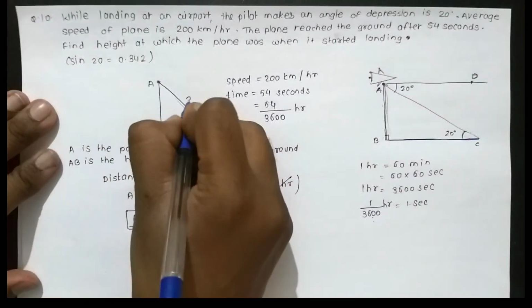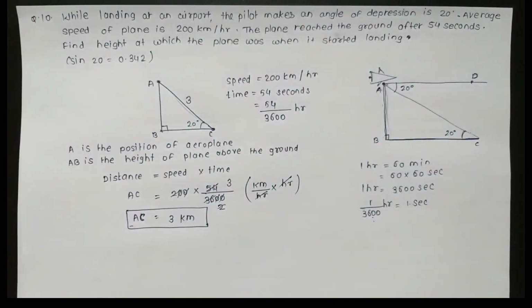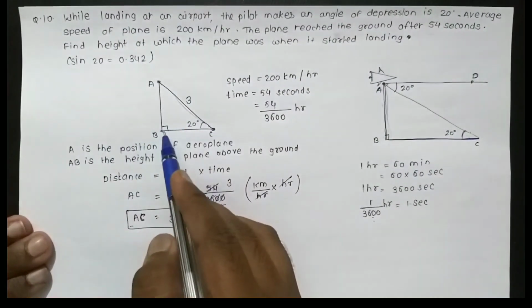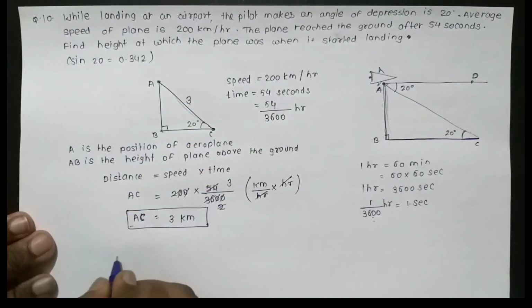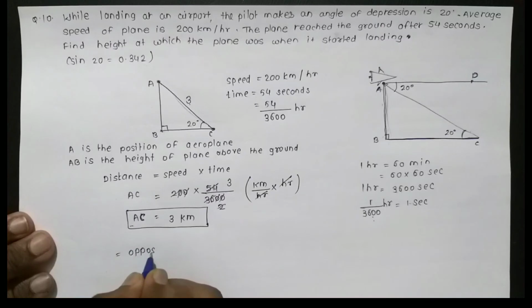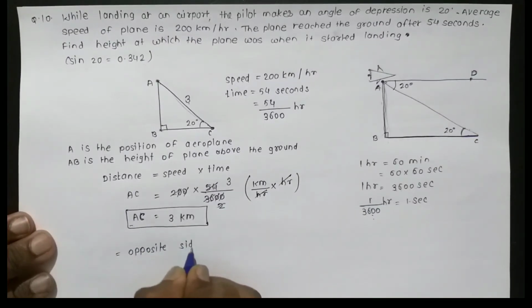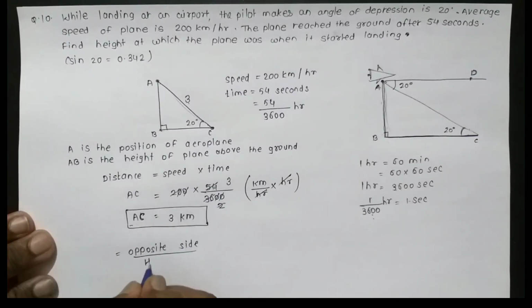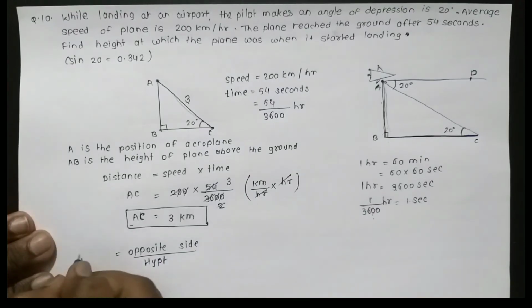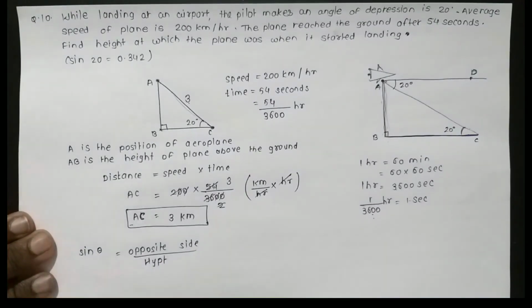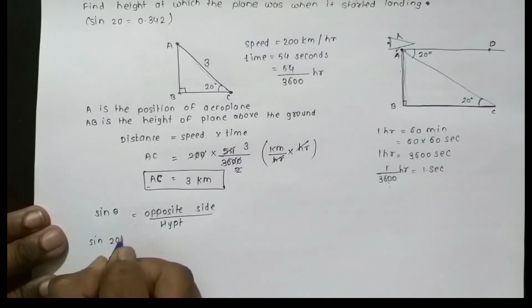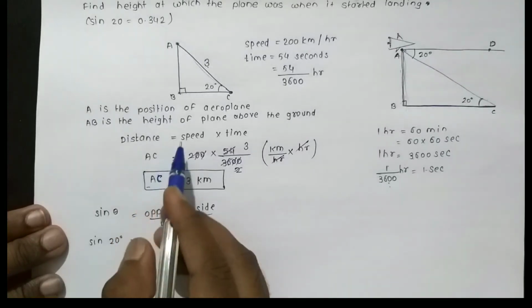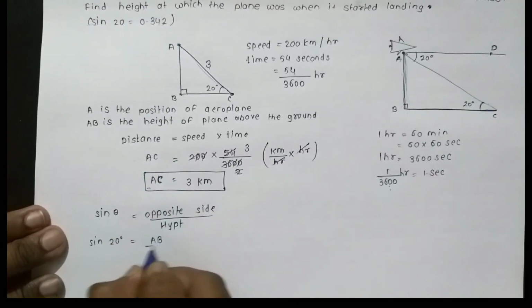Now I know the value of AC, and what do we have to find? AB. So we know the hypotenuse and we have to find the opposite side. We write opposite side upon hypotenuse. The ratio becomes sine theta. Theta is 20 degrees. The opposite side we have to find is AB. Hypotenuse is AC.